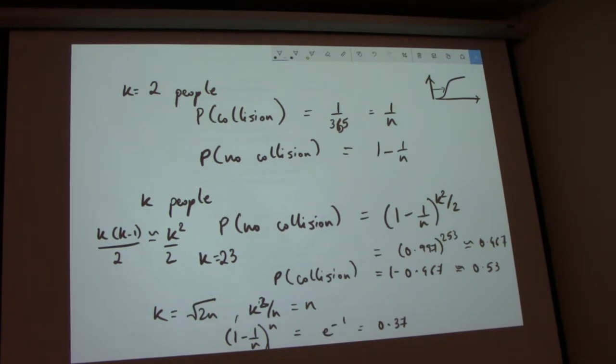So if there were n distinct possible values, and I have just square root n calls to my hash function, then the probability of having a collision is already pretty high. So how is this important? Say there was a company which was sending out customer reviews, and it has 10,000 customers, and it sends out just 100 reviews. So 100 reviews, that's a small number, but it's doing it randomly.